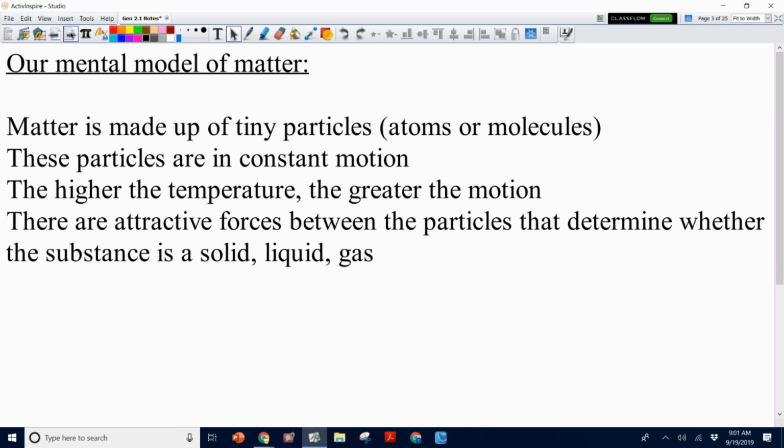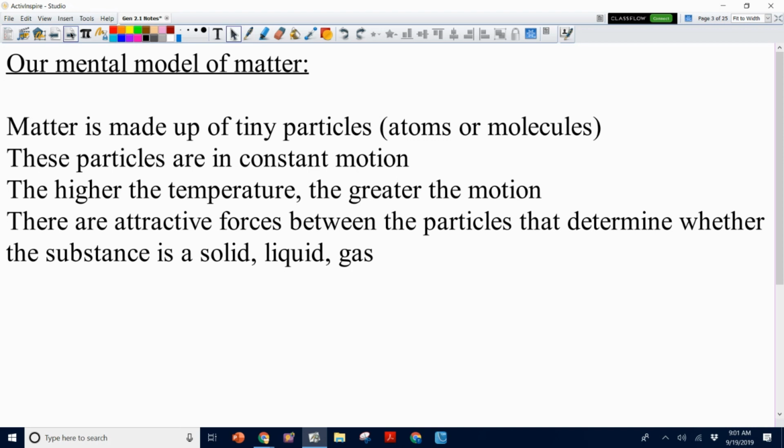That's the lowest measure on the Kelvin scale. What that means is that that is the point at which all motion stops. It's just theoretical. It's never been reached before. We've gotten as low as 2 or 3 degrees Kelvin, but never zero. So it's just a theoretical temperature.